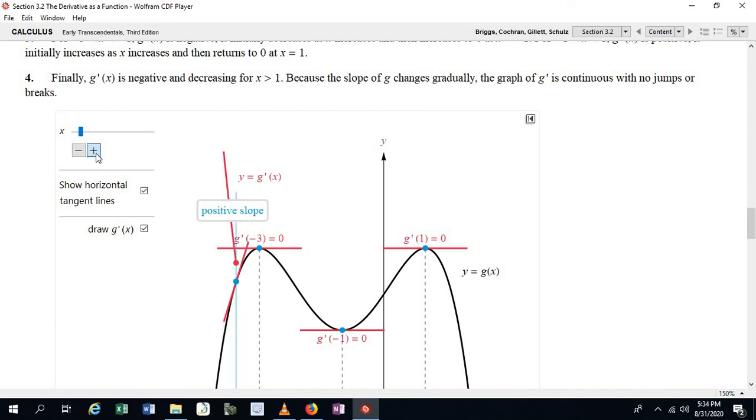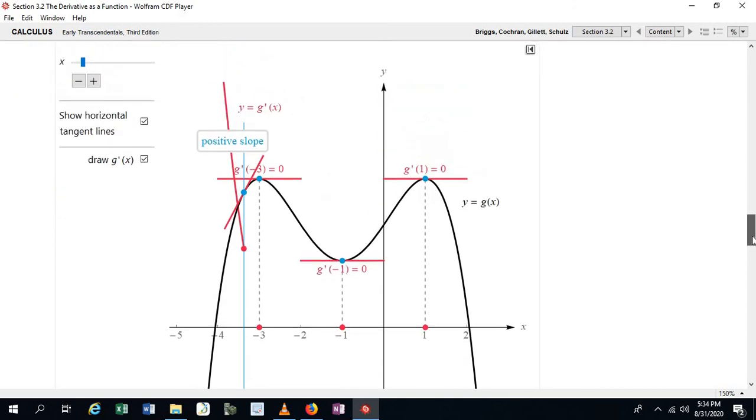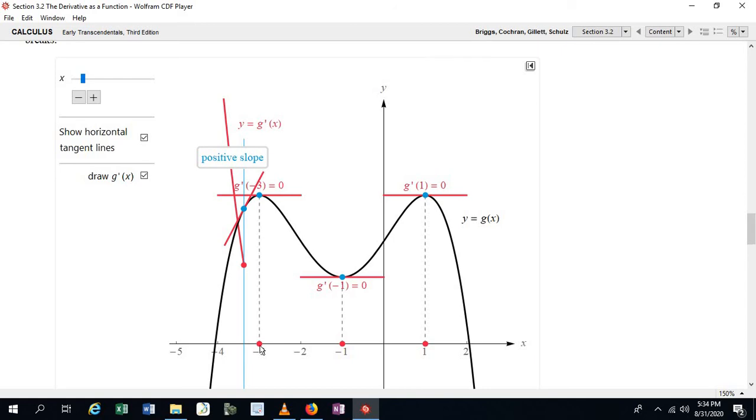At some point, the slope of the tangent line is going to be 0 because it becomes horizontal, and you can see that the graph of the derivative is dropping down towards this point right here, where the slope of the tangent line is 0. So less and less positive, and then right at -3, the derivative is 0.